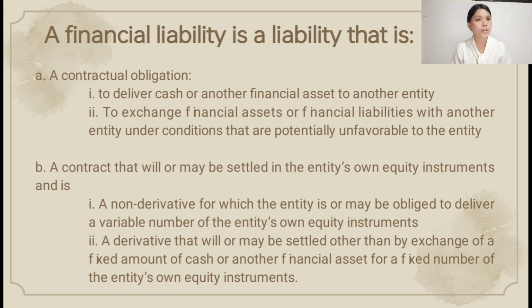A financial liability is also a contract that will or may be settled in the entity's own equity instruments and is a non-derivative for which the entity is or may be obliged to deliver a variable number of the entity's own equity instruments, or a derivative that will or may be settled other than by exchange of a fixed amount of cash or another financial asset for a fixed number of the entity's own equity instruments.